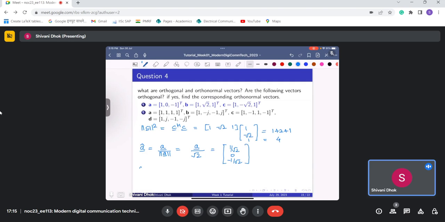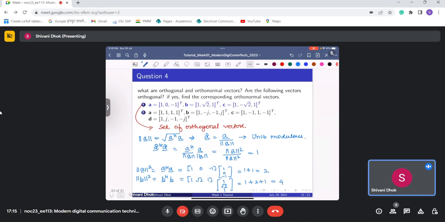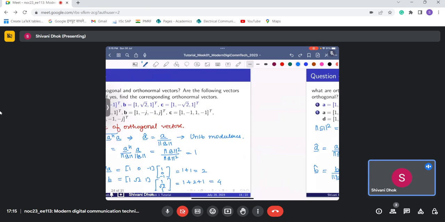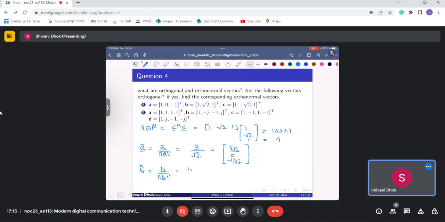Similarly, this vector b hat will be b upon norm b. Norm b square is 4, so norm of b is 2, so this is b by 2, which is 1 by 2, root 2 by 2 means 1 by root 2, and 1 by 2.